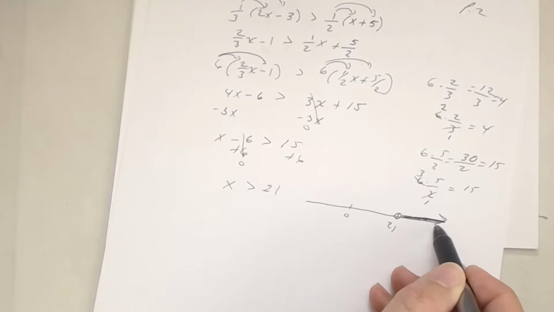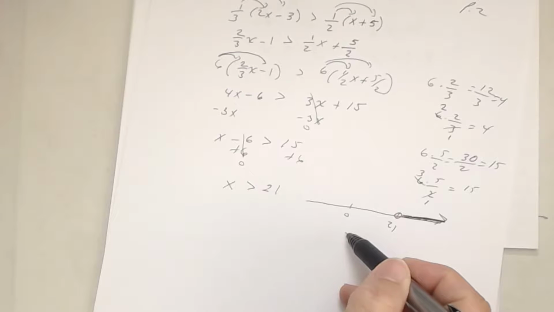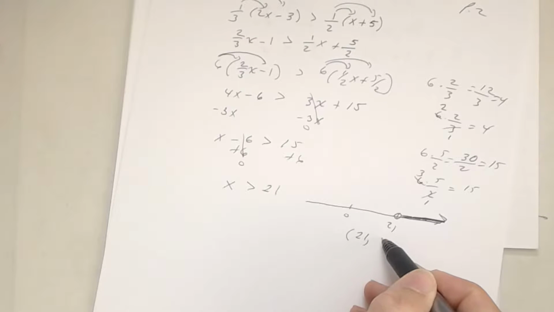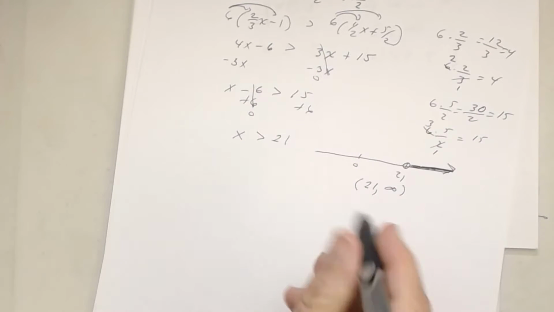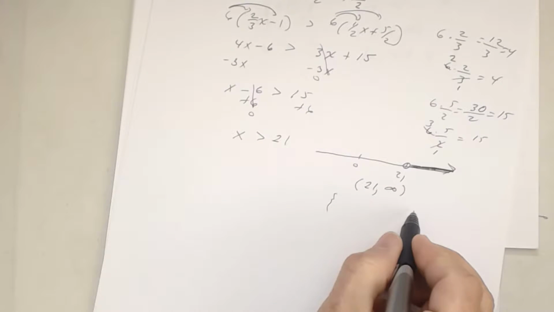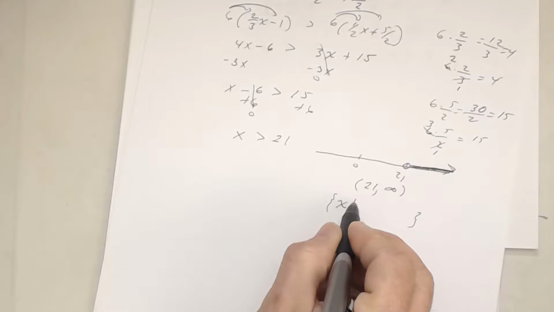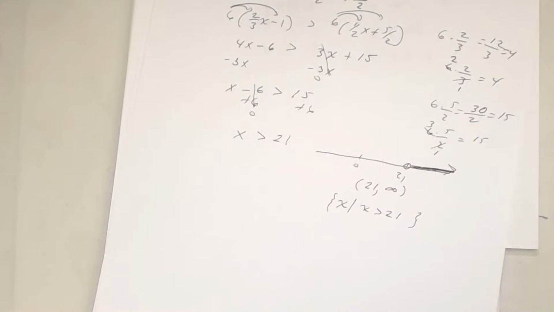So anything shaded is a solution. What's interval notation? It would be parentheses, 21, infinity, parentheses. Okay, set notation, the brace. So the set of x's such that x is greater than 21.